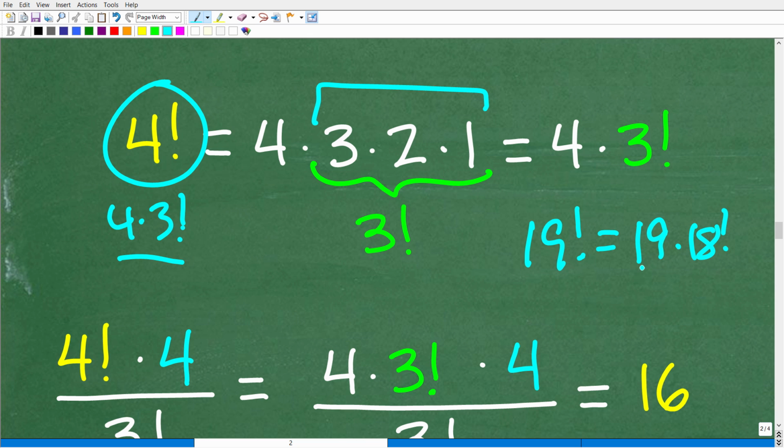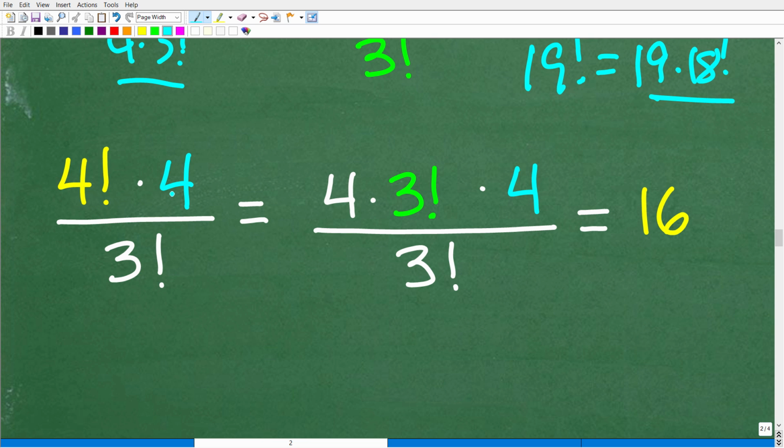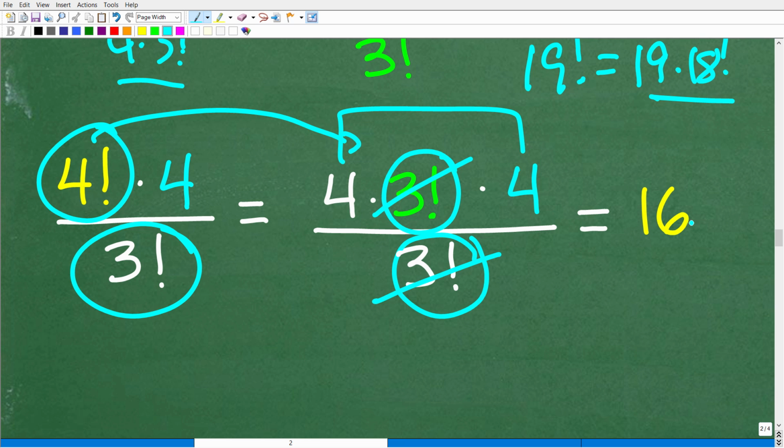Do you understand the pattern here? So 4 factorial is the same thing as 4 times 3 factorial. And this is going to come in really handy, because here I have 4 factorial times 4 over 3 factorial. If I write this 4 factorial as 4 times 3 factorial, now I have 3 factorials that I can cross cancel. And I'm just left with 4 times 4, which of course is 16.